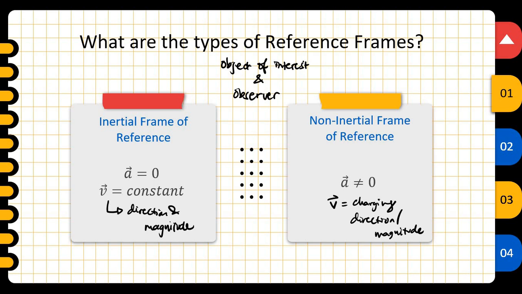So if you are right now sitting in the comforts of your home, then maybe your reference frame is inertial. The majority of you would say inertial, but let us consider this. The Philippines is located near the equator, and the earth is rotating on its axis, so we can assume that the path that we are actually moving relative to the earth is a circular path.